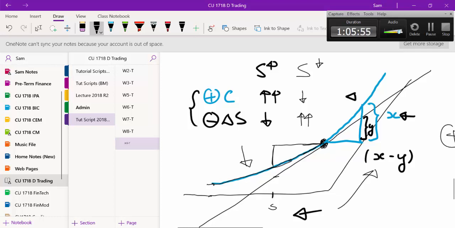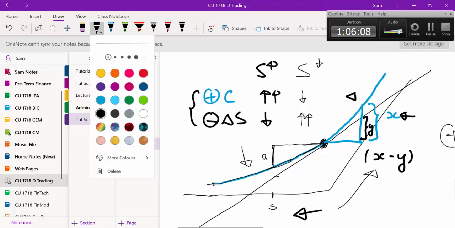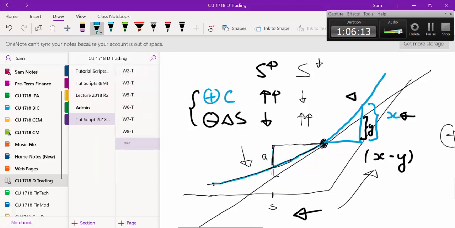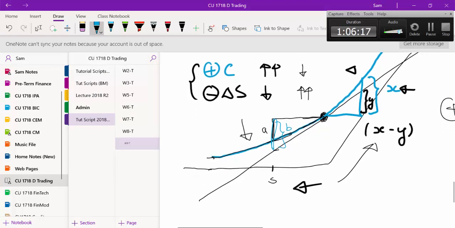This is what you lose. I call this A. But because you are short, I'll use the blue color. This is the money that you're going to make on your hedge. Okay, so again, you are going to be making money because you have made B and you have lost A. And B minus A is actually this gap here.